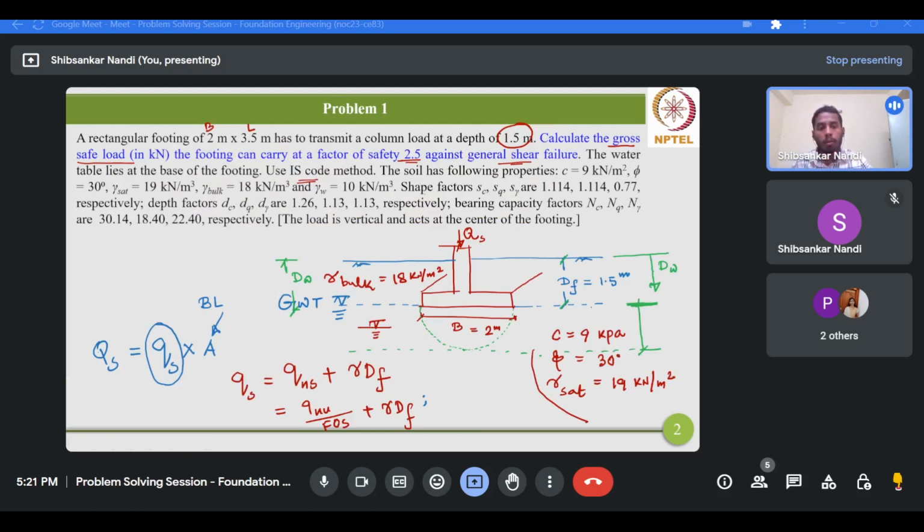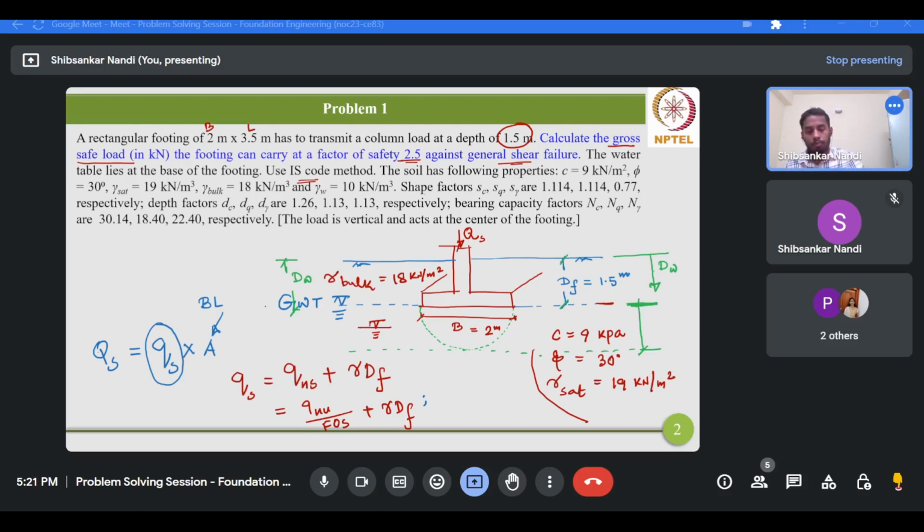In effective overburden, you need not consider the pressure exerted by the pore water. Since in this case the water table lies exactly at the foundation level, the stress imparted by the soil mass above this level will be simply the depth of the foundation, 1.5, multiplied by the bulk unit weight of the soil mass.